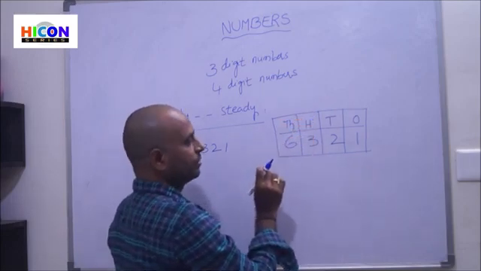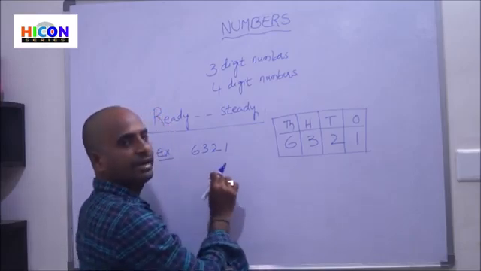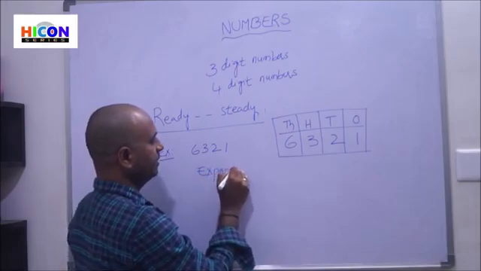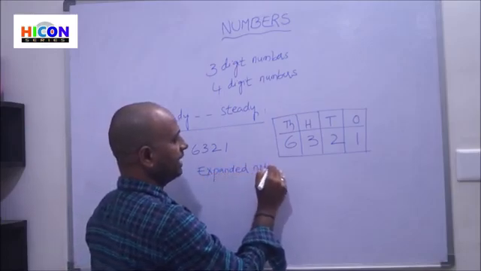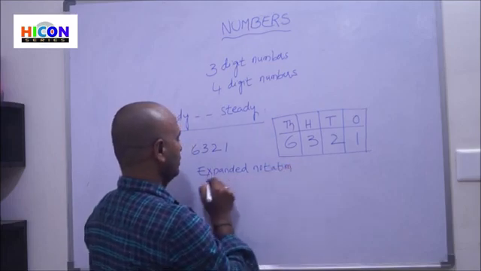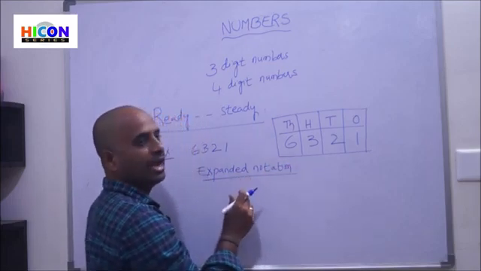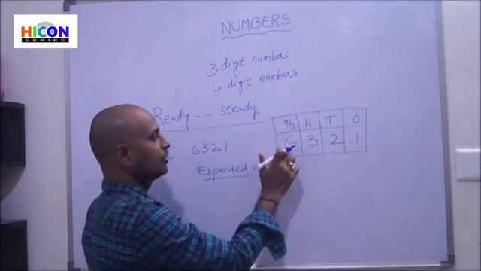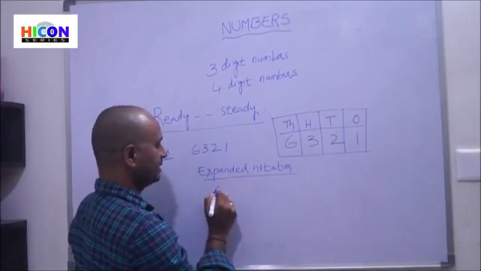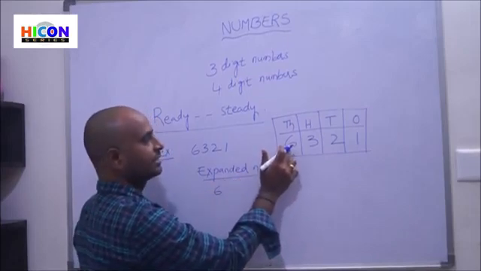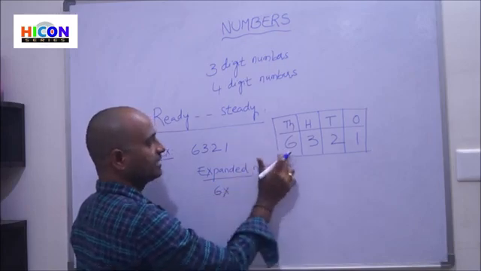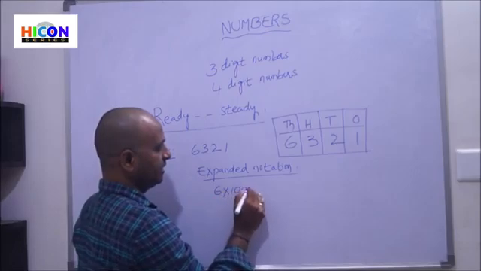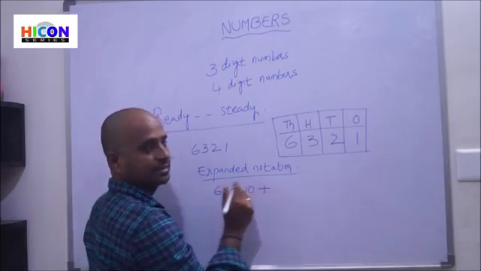Now we have to write the expanded notation, or expanded form. In expanded notation, we multiply each digit with its place value. Take the digit 6, which is in the thousands place, so multiply it with 1000 and put the symbol plus.